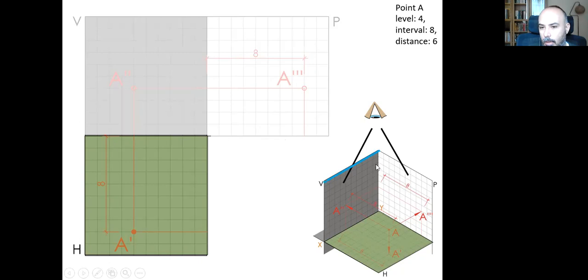And when you try to see the vertical projection plane, you cannot see it because you are looking from above, and it is just a line here, this line. You see the plane as a line because you are looking from above, and you will not be able to recognize the plane. You will just see its side, its edge here.